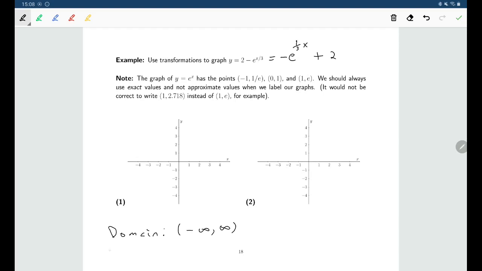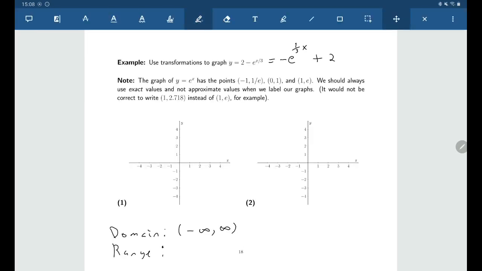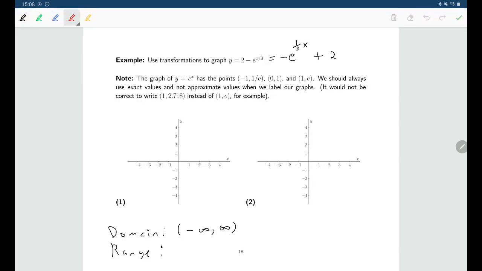And I can predict what my range should be. Again, if I'm thinking about how this graph should look, the basic shape, e to the x, would be a graph that opens up and it has y values that are larger than 0. If you stretch it horizontally, that doesn't change what the y values are.